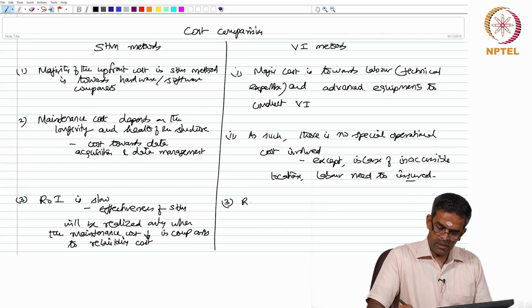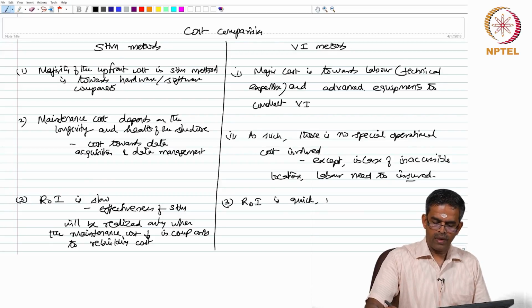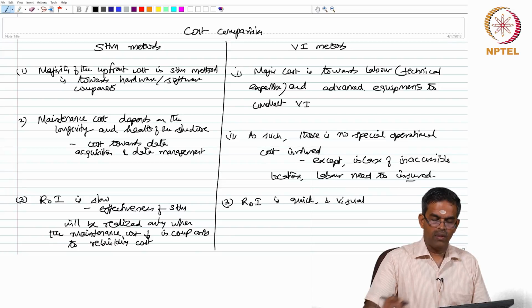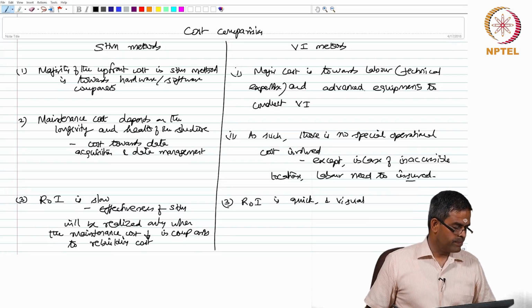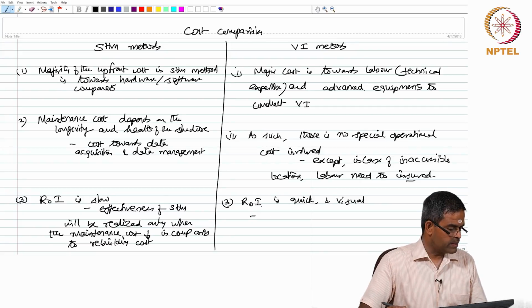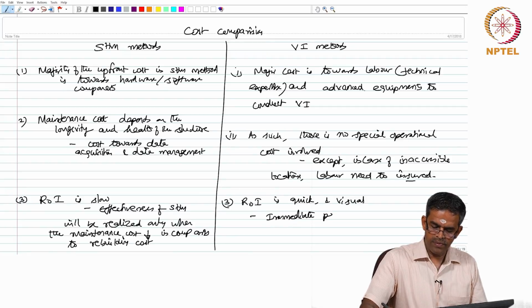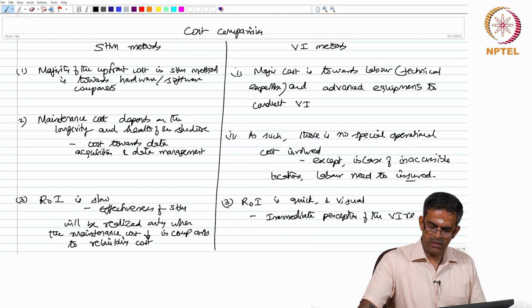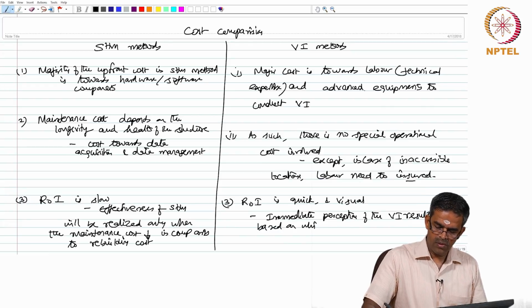In this case, the return on investment is quick in visual inspection. This is due to the fact that there is an immediate perception of the VI results, based on which maintenance or repair is initiated.